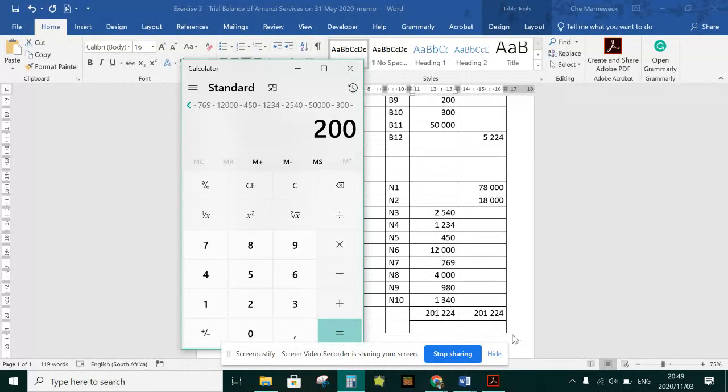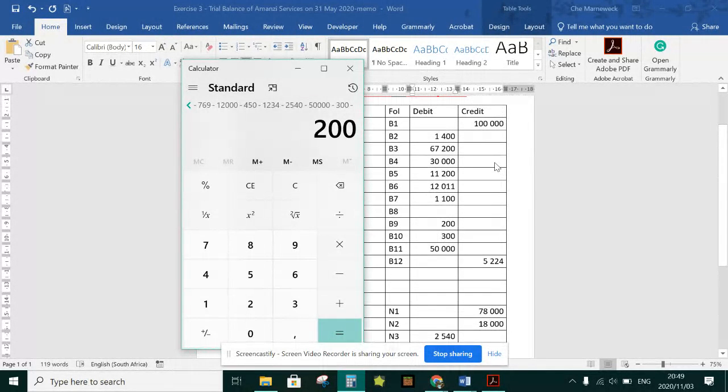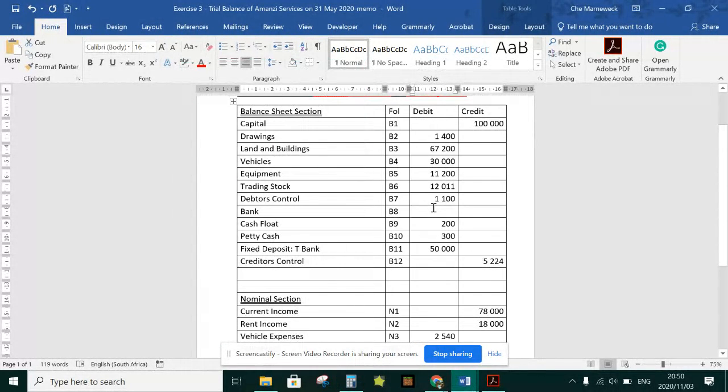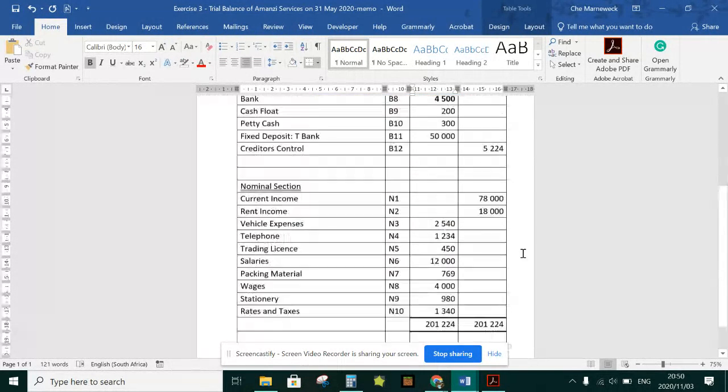Minus 200. Minus 1,100. Minus 12,011. Minus 11,200. Minus 30,000. Minus 67,200. Minus 1,400. And I am left with 4,500. And that is the value of bank. And that is exercise 3.